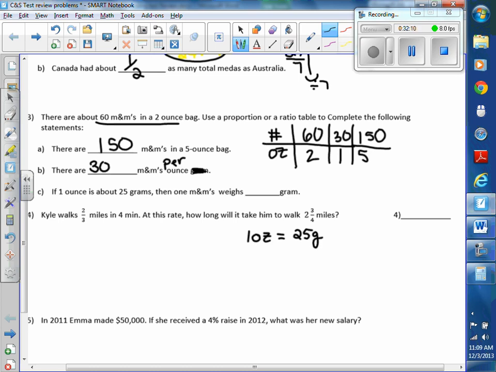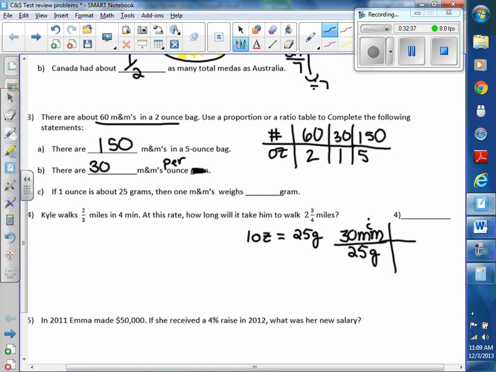So we know that we have 30 M&Ms, not millimeters, per 25 grams, right? Do you guys see that? And we want to figure out what 1 M&M weighs. So I don't want to figure out what 30 M&Ms weigh, I want to figure out what 1 M&M weighs.